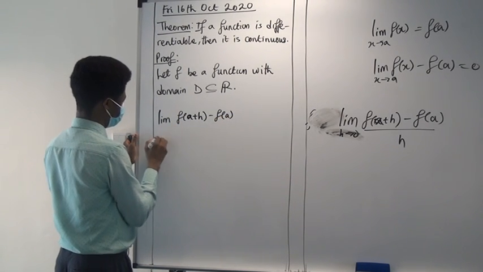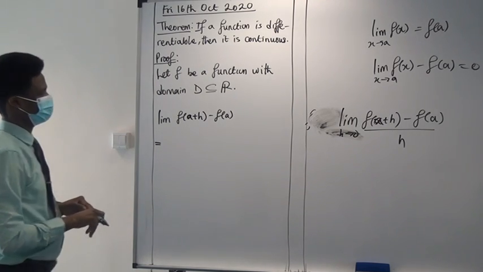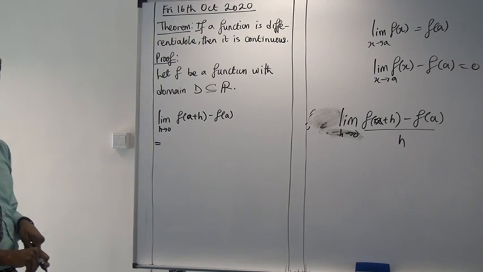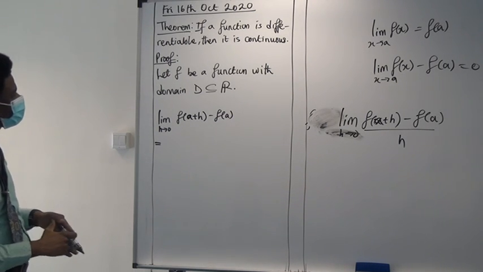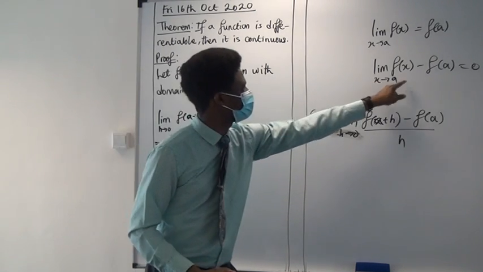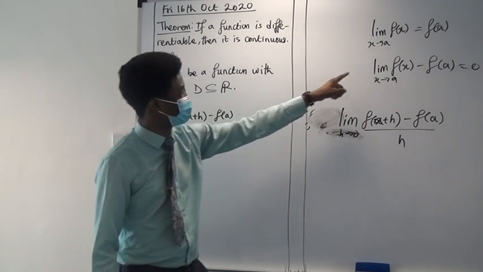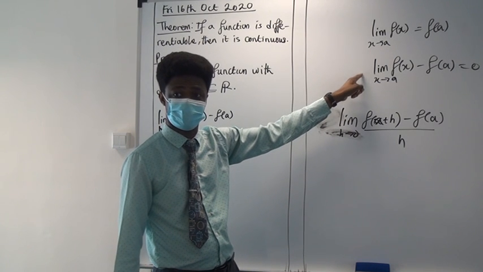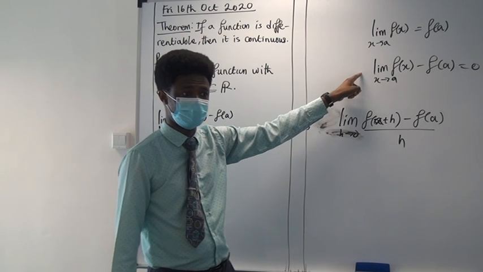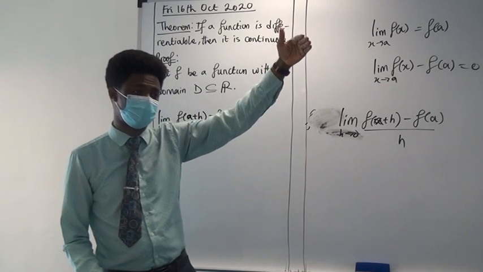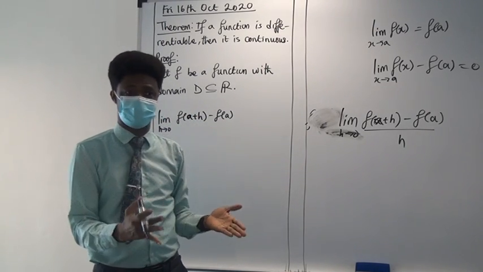As h tends to 0, if I can work this limit, because this looks like this, one way or the other. Can you see that? So that's the reason I'm working towards this. I'm trying to work towards it. That's why I started from here. It's like you're looking at the end point. But of course, your beginning must make sense.